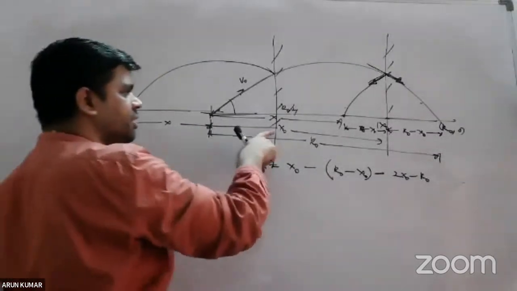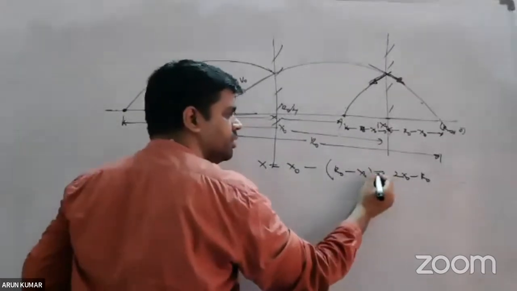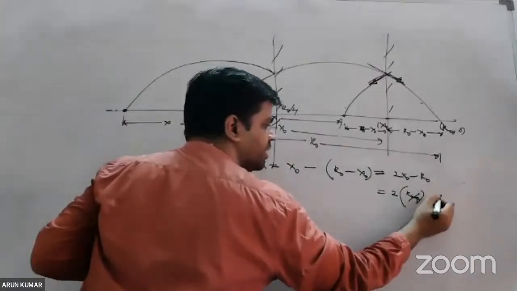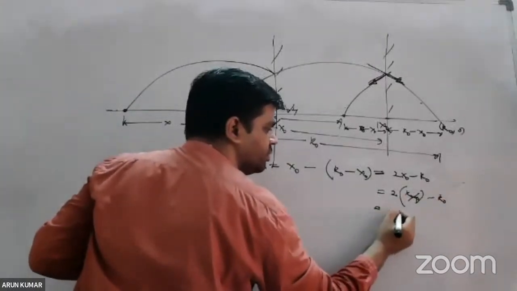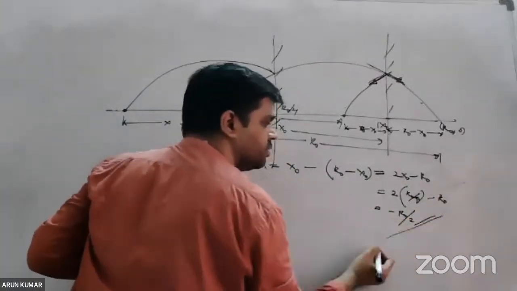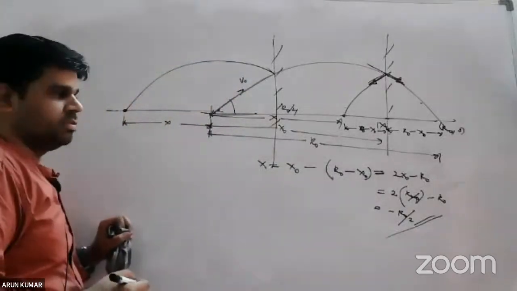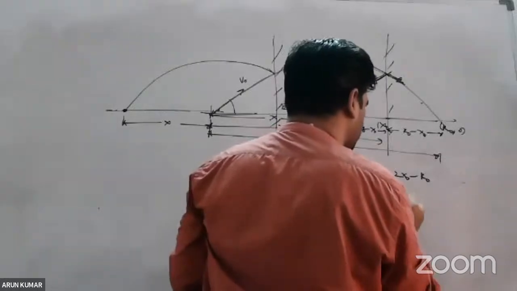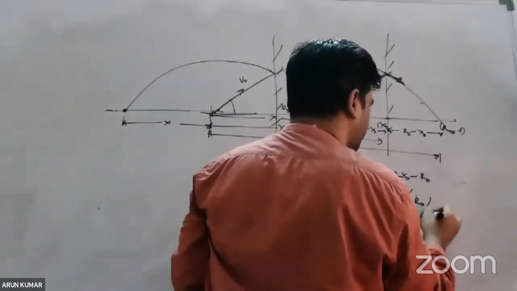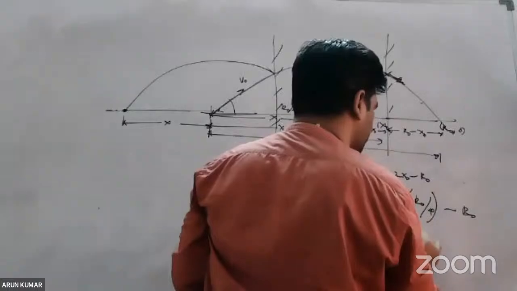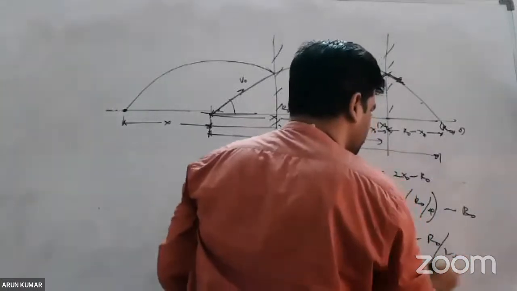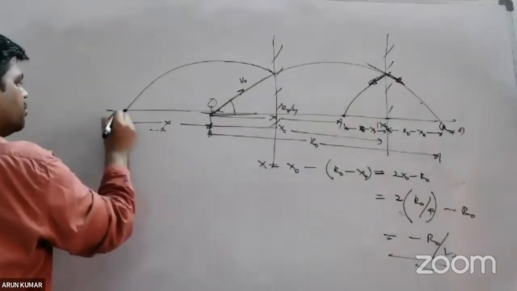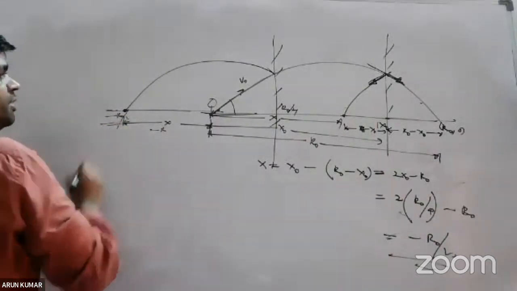So x naught I'll substitute as r by 4. 2 into r naught by 4 minus r naught, which is minus r naught by 2. So it is negative, since this is the origin. Minus r naught by 2.